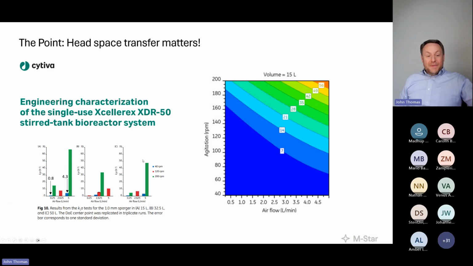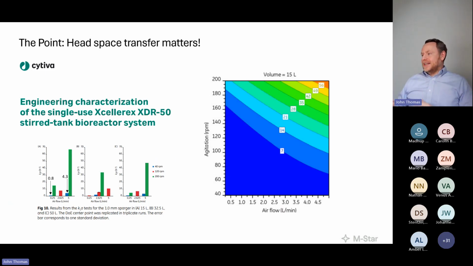Okay, let's talk about why this really matters now within the context of a real experiment here. And again, I love single-use bioreactors. Single-use bioreactors are how I keep my house hot. Okay, metaphorically speaking, if you know that reference.